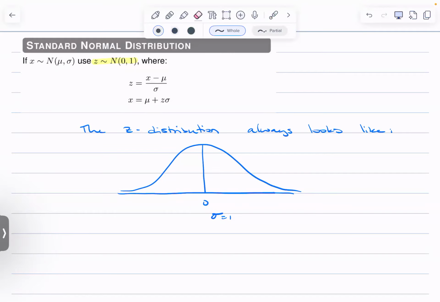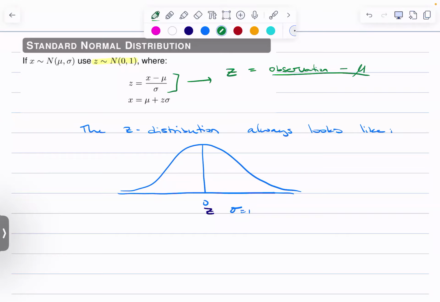I'm going to scooch this over here and write it underneath. And this, you can rewrite as the observation minus the mean divided by sigma. The thing that you're interested in is your observation, so that'll always be your X.